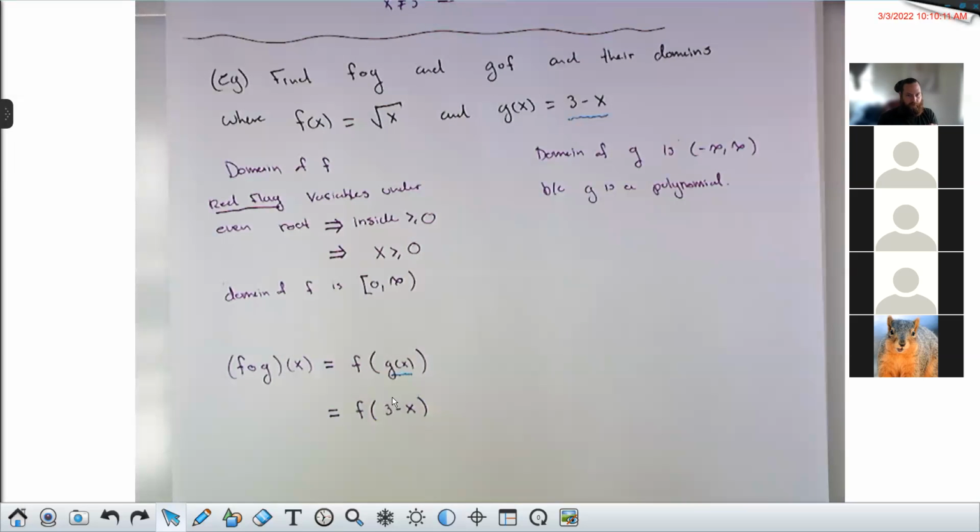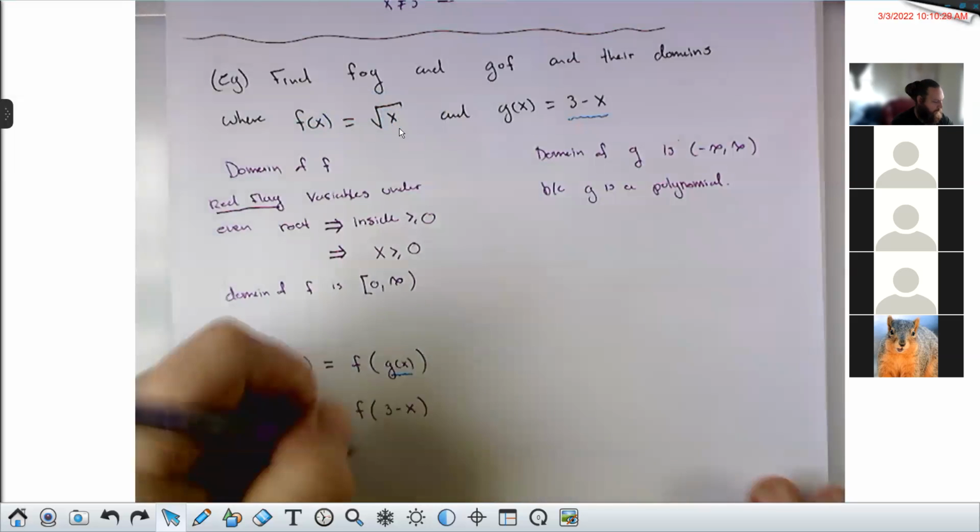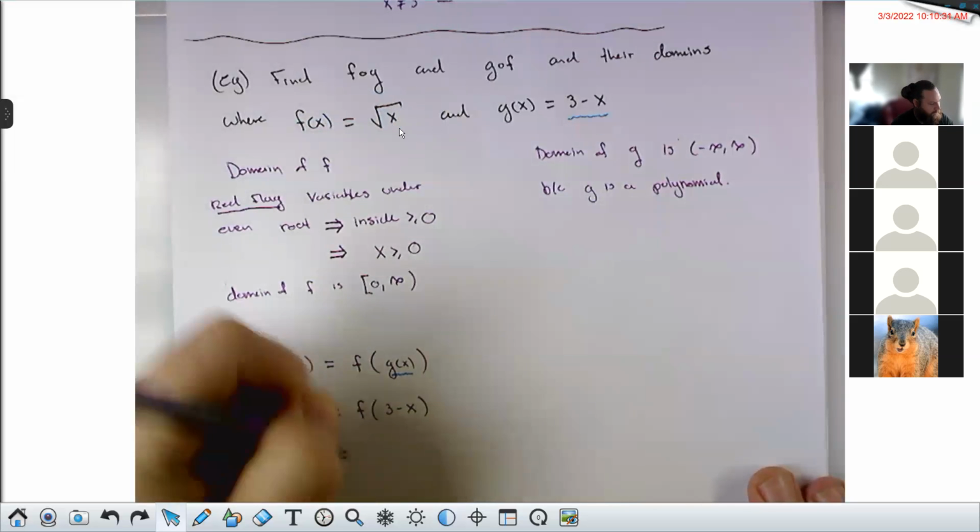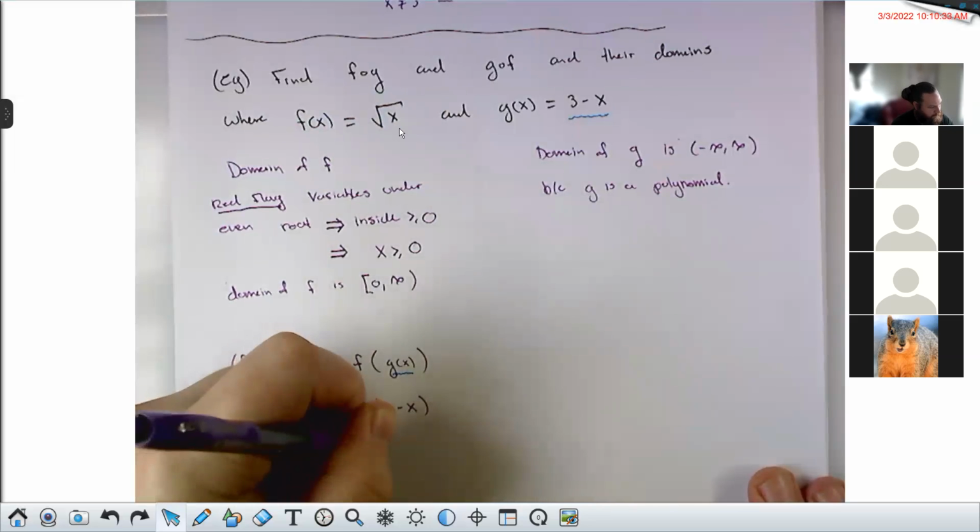This is function notation. This is f of 3 minus x. In other words, I'm going to take the formula for f, and instead of x there, I'm going to put 3 minus x there. So this is going to be the square root of 3 minus x.